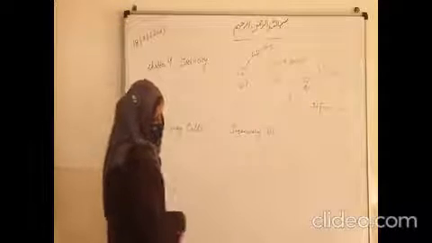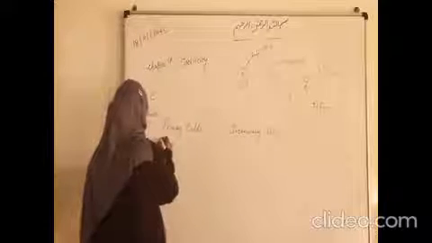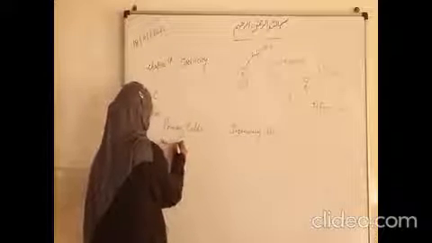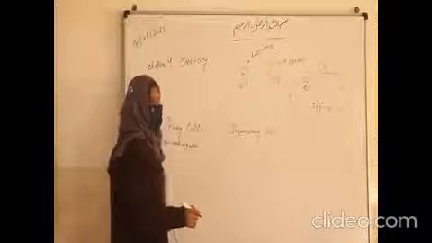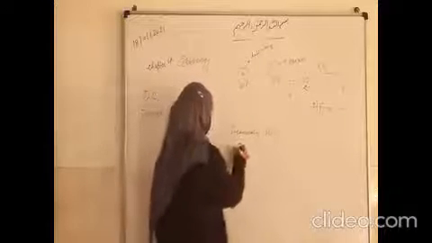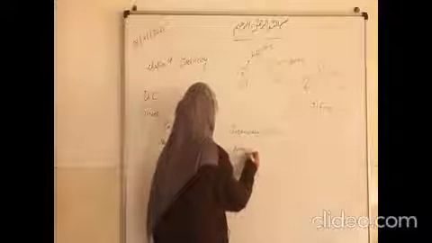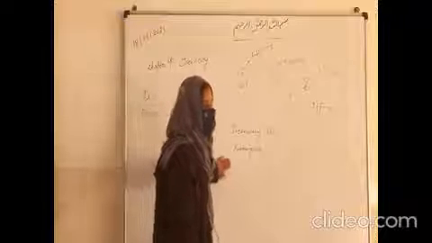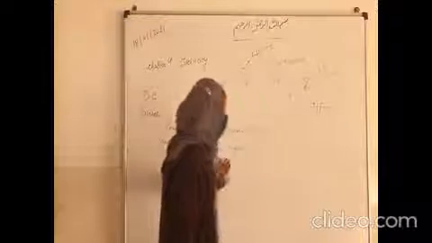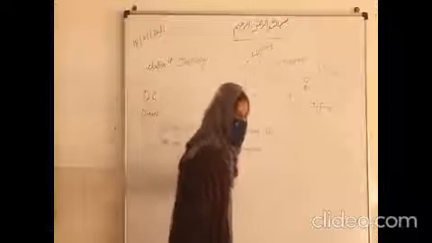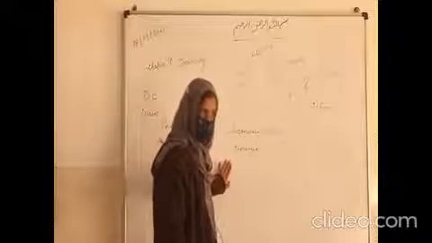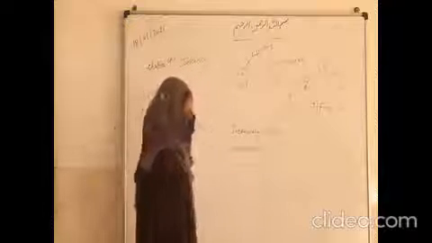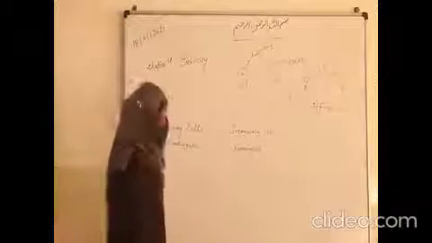So primary cells are non-rechargeable, like dry cells. Secondary cells are rechargeable, like those in cars, trucks, e-rickshaws and inverters. In mobile phones also you can recharge your battery. So these are secondary cells, and primary cells are non-rechargeable.